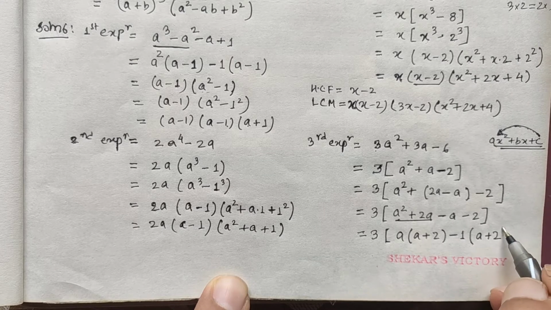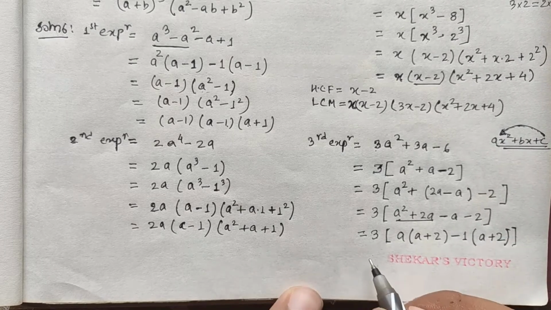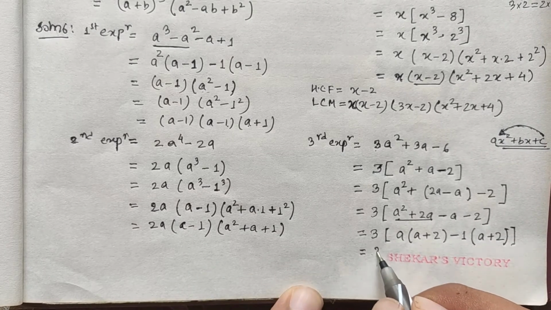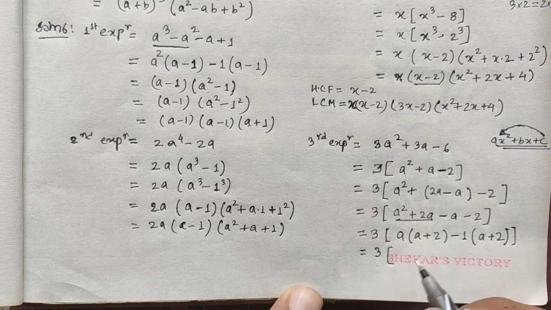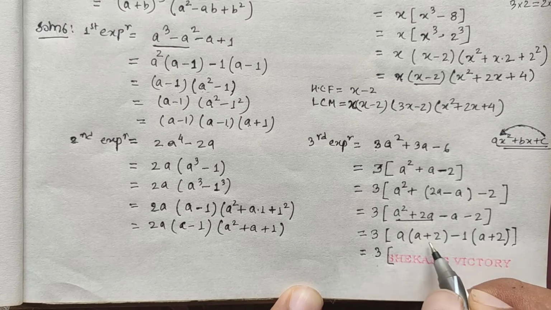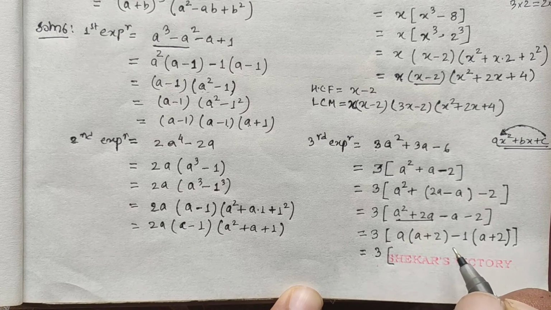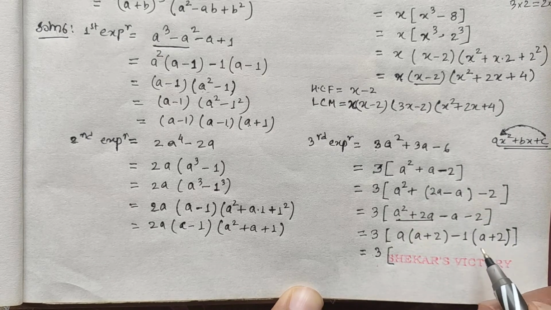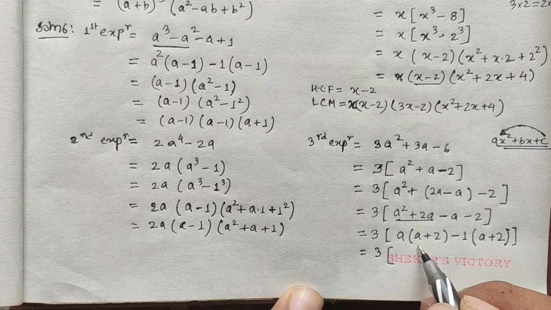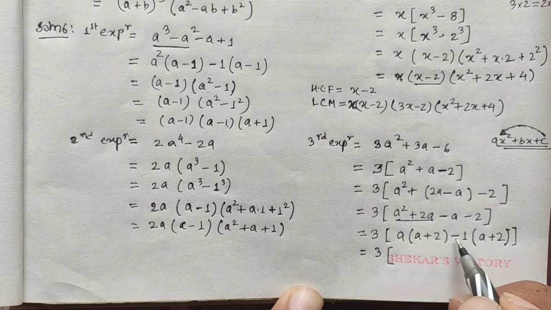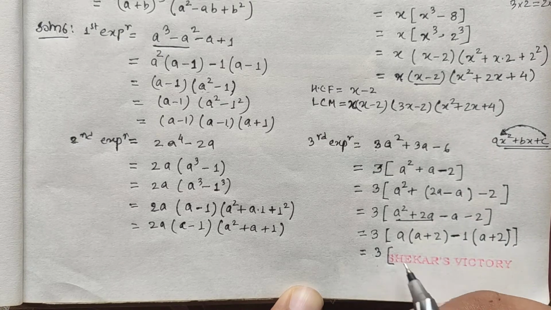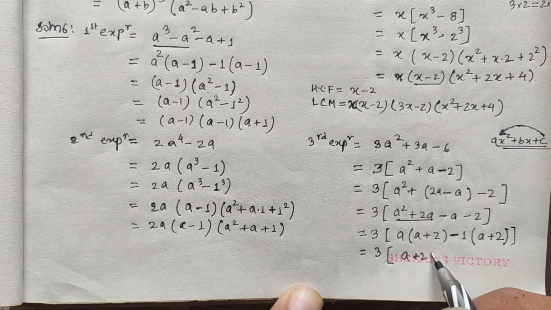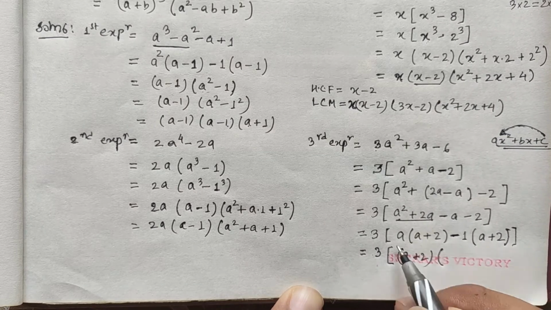I already told you that if there is nothing common, then you have to check your previous steps of solving, and there must be something common. So a plus 2 is common in both the terms. Take a plus 2 as common, and what's the remaining in the first term?